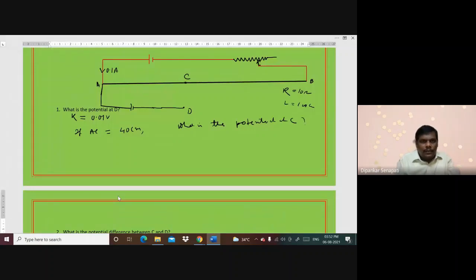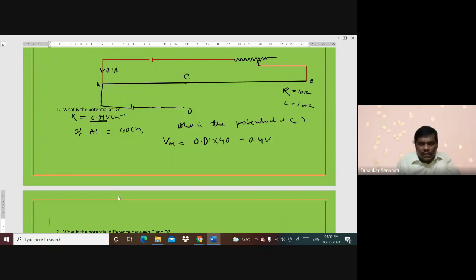Potential drop per unit length is 0.01 volt per centimeter. So AC, the length, is 40 centimeter. Therefore, the potential drop VAC is equal to 0.01 into 40, that is equal to 0.4 volt.